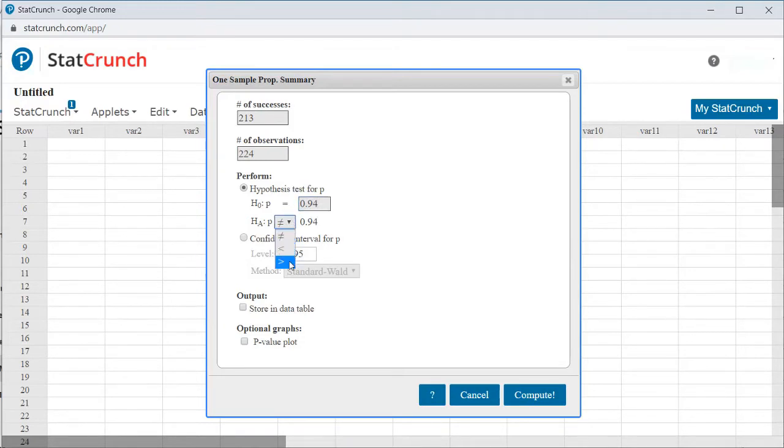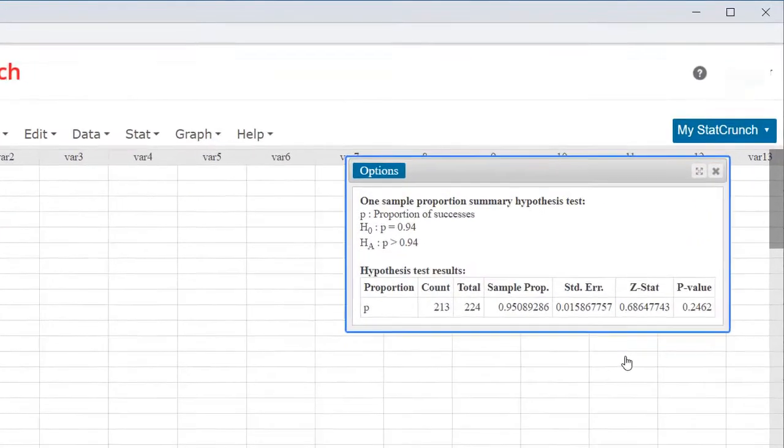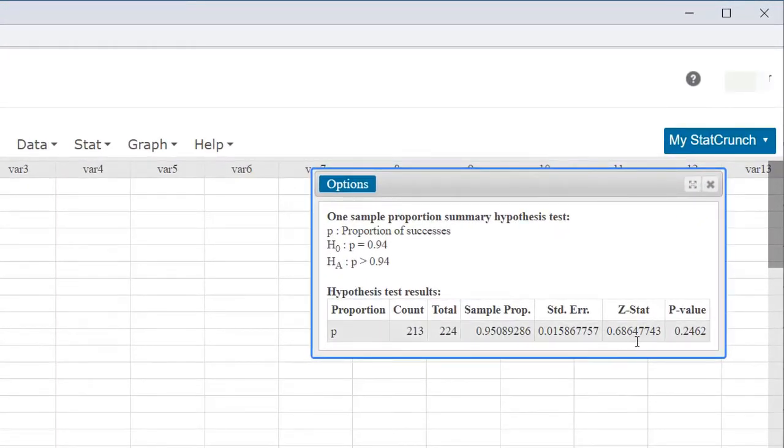And we have a right-tailed test, so I change that to greater than. When I say compute, StatCrunch gives me 0.686 for the test statistic, and it gives me 0.2462 for the p-value. Again, I have to know what to do with that. Since 0.2462 is larger than 0.01, we do not reject the null hypothesis. Our p-value is bigger than alpha, so we do not reject.